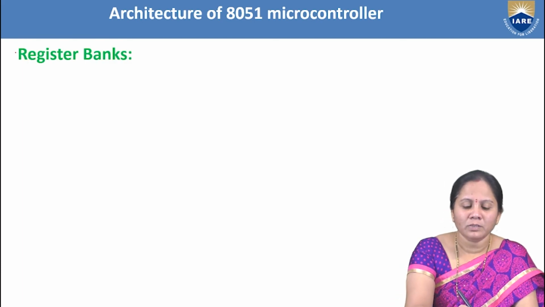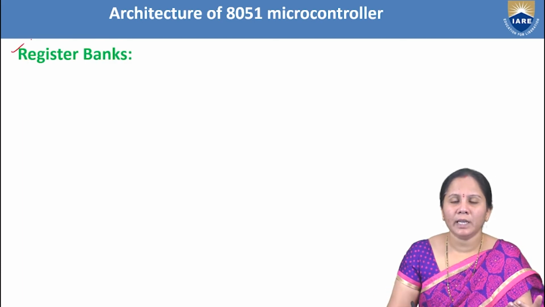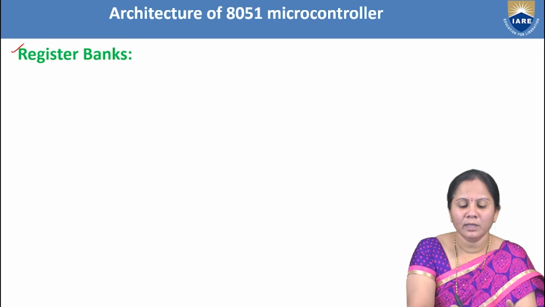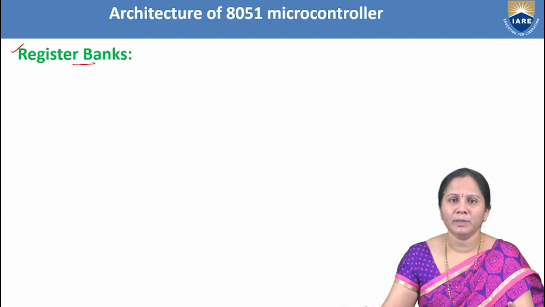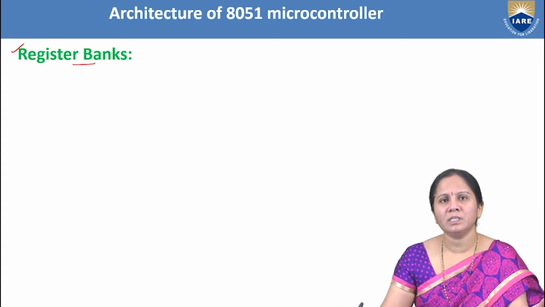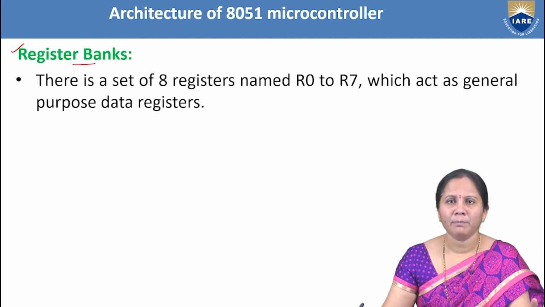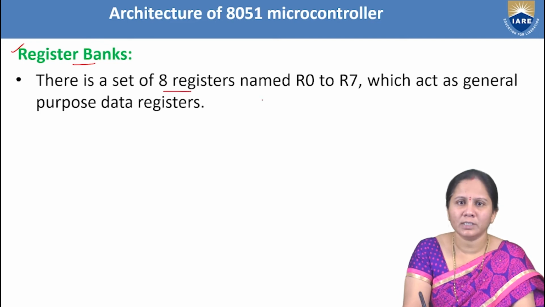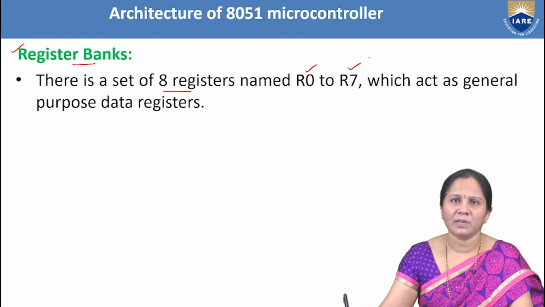As I have said, in the 8051 microcontroller there are a larger number of registers because register banks are available. Four register banks are available: Bank 0, Bank 1, Bank 2 and Bank 3. Each bank consists of 8 registers, R0 to R7.